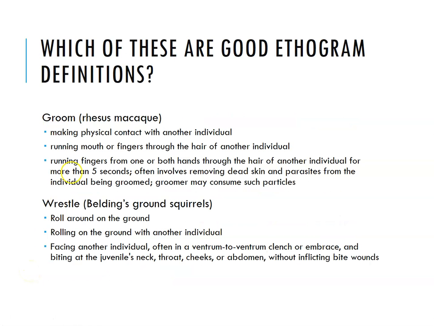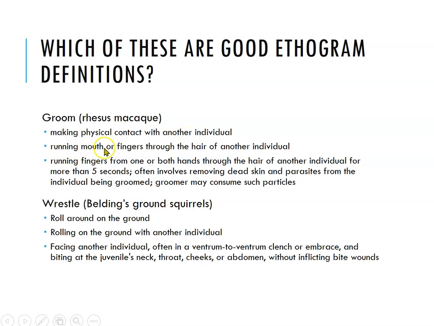Here are some examples we can think about when we're defining our behaviors. So think about this on your own. Which of these are good ethogram definitions? Let's talk about grooming as a behavior in rhesus macaques. If I wanted to describe the term grooming, would I say it's making physical contact with another individual?